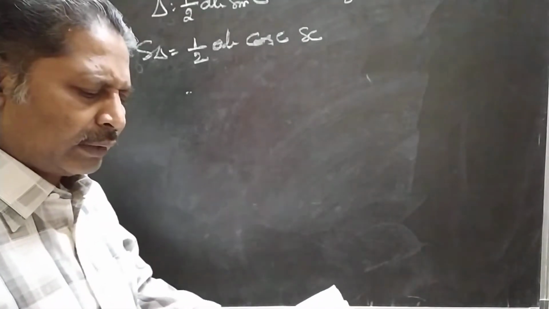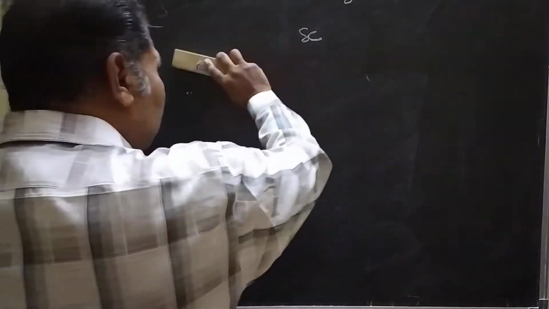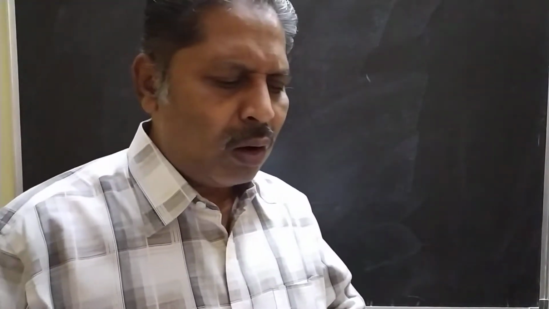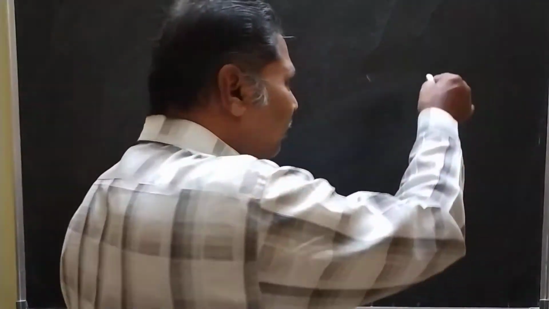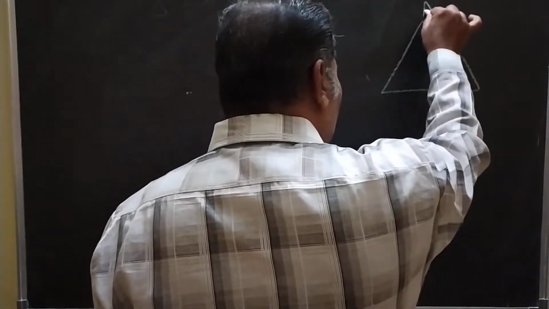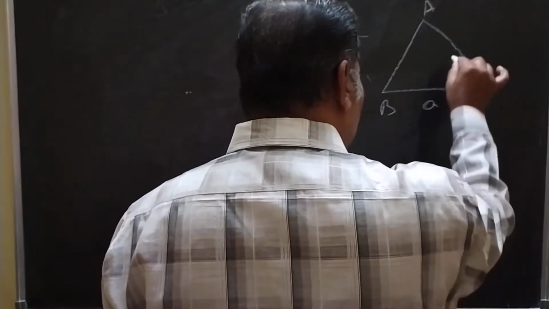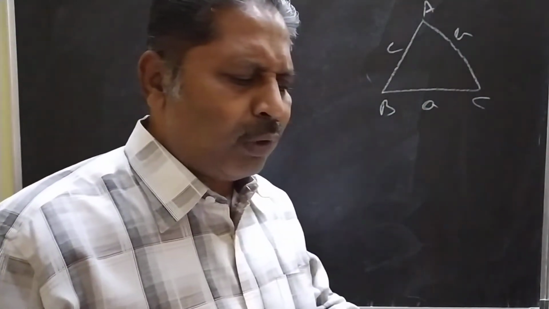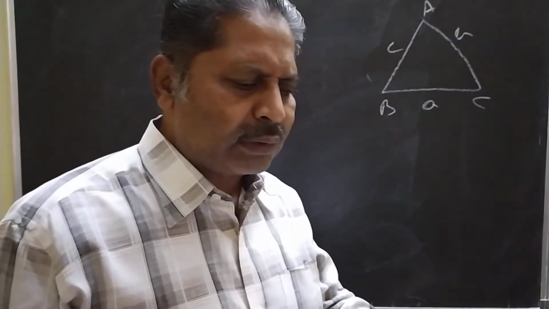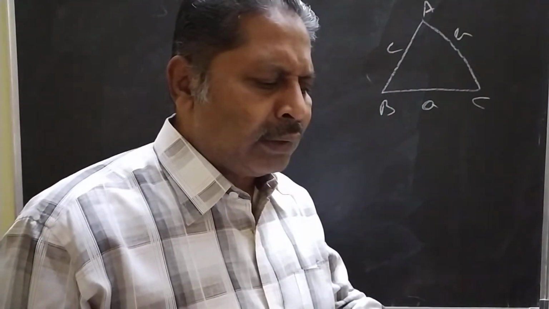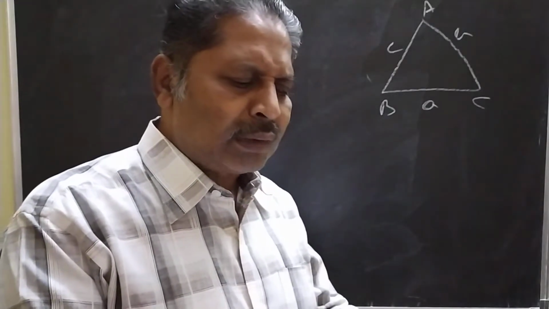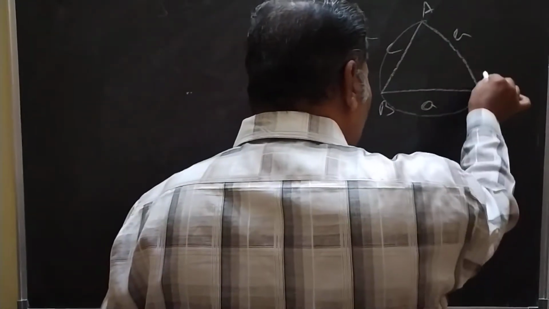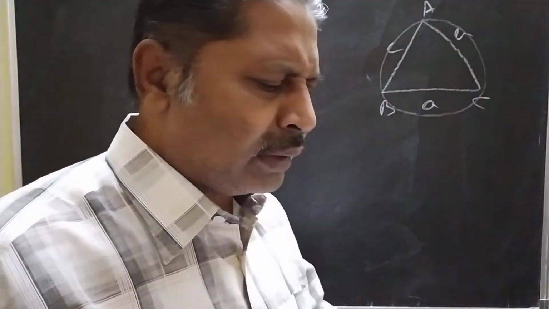Okay, next see this one, another bit. Small a, b, c are the sides of the triangle ABC inscribed in the circle.